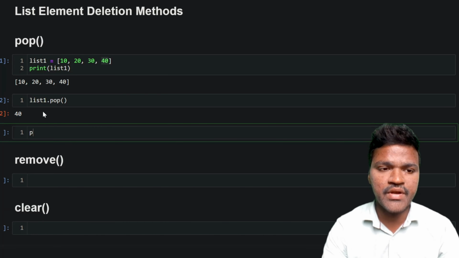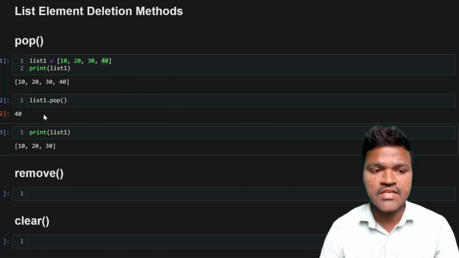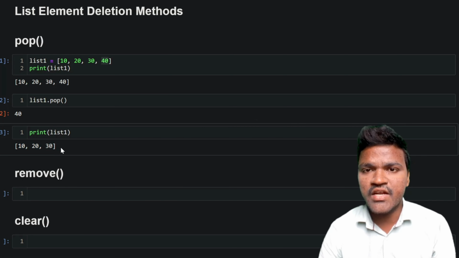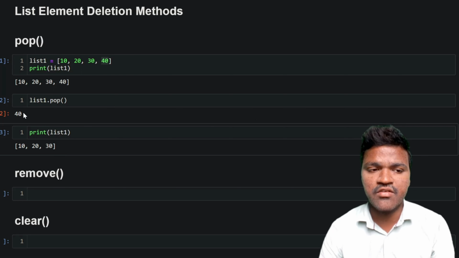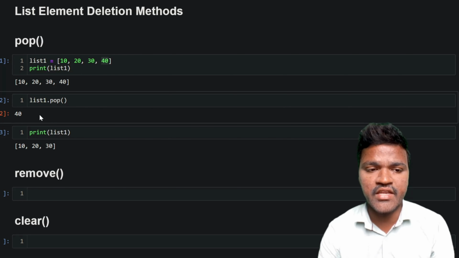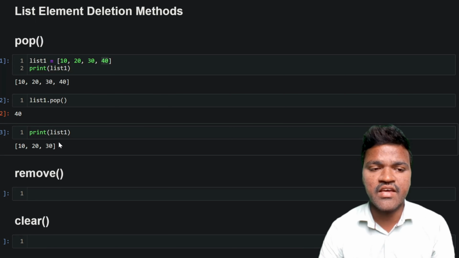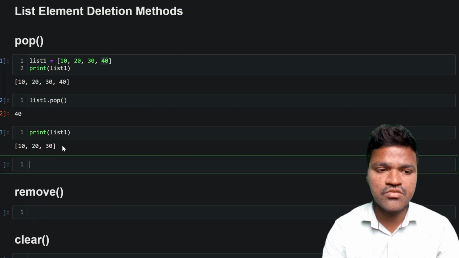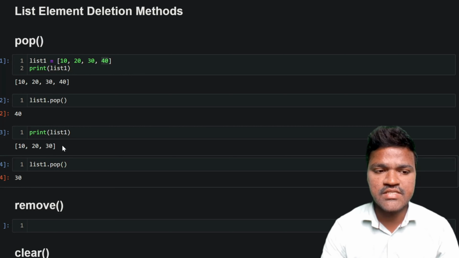Now if I print list1 here and execute this, you cannot see 40 because 40 got popped. We got 40 back, which means 40 has already been removed, so we cannot see the element 40 here. Let's say I use pop again one more time and execute this.